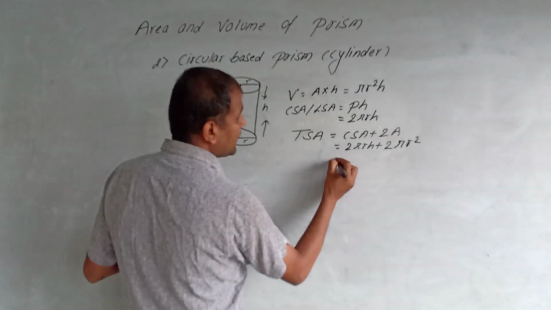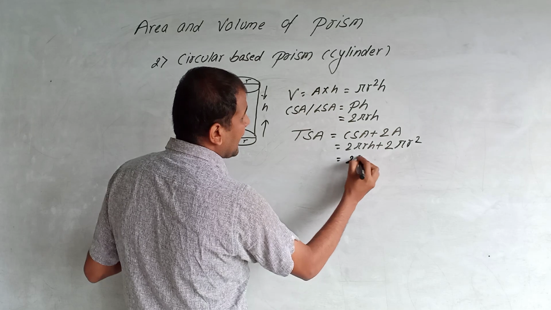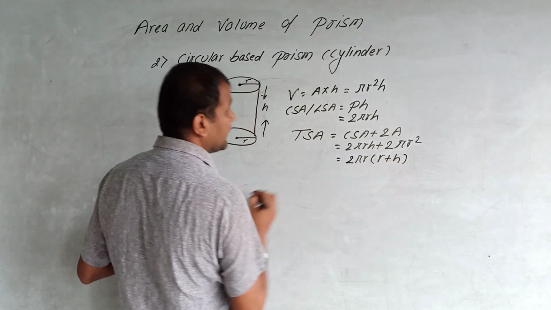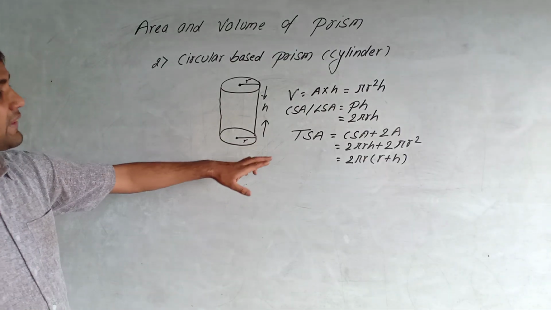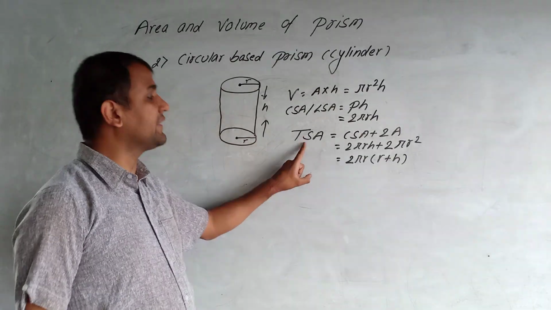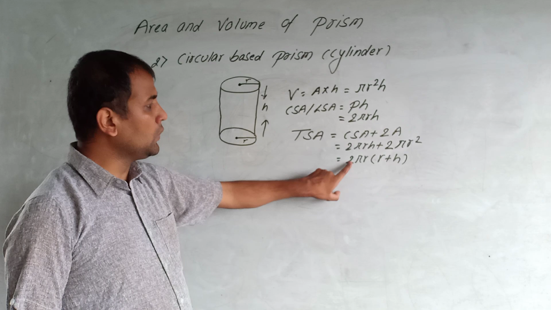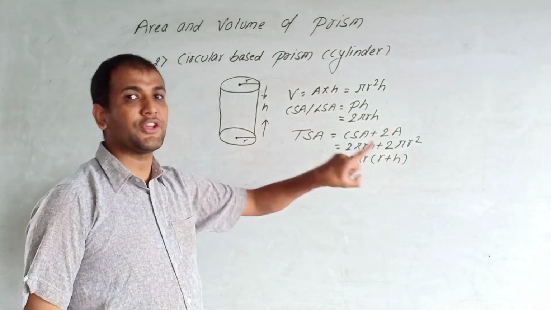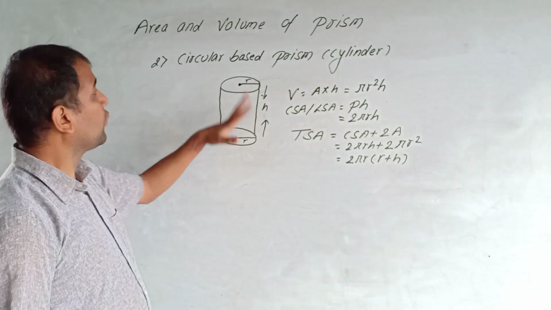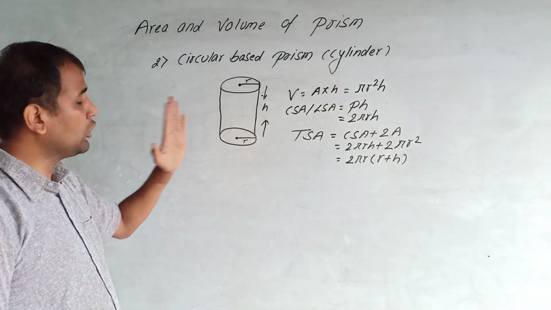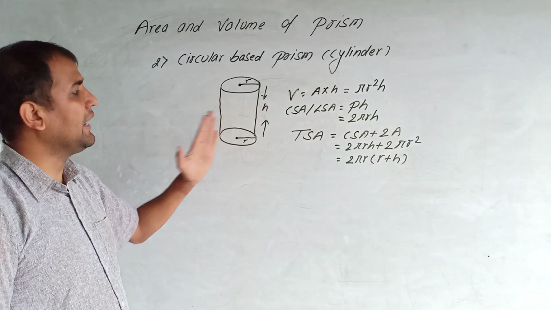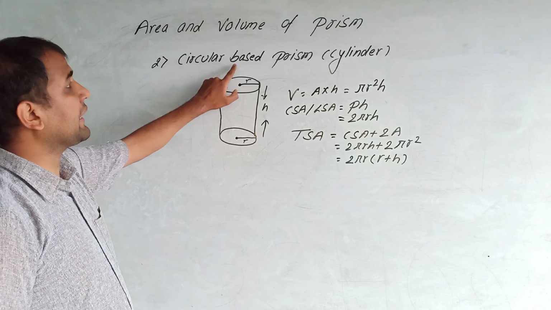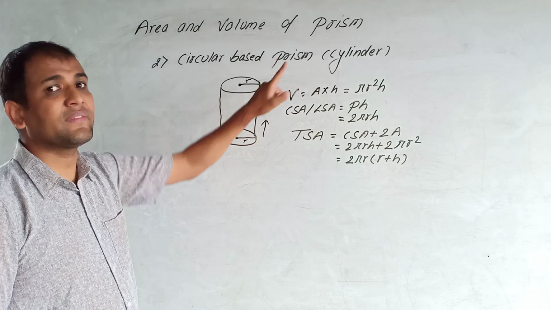What is common here? 2 pi r is common here and r plus H is remaining here. So total surface area of cylinder is 2 pi r into r plus H. In this way we find the volume, curved surface area and total surface area of circular base prism, that is cylinder.